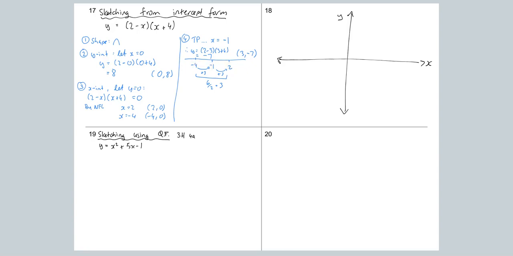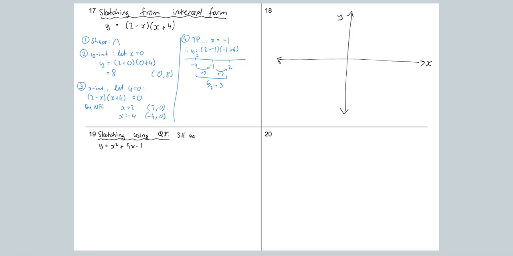Let me quickly do that substitution again. So it's 2 minus -1 multiplied by -1 plus 4. So that gives me 2 minus -1 is 3. -1 plus 4 is 3.